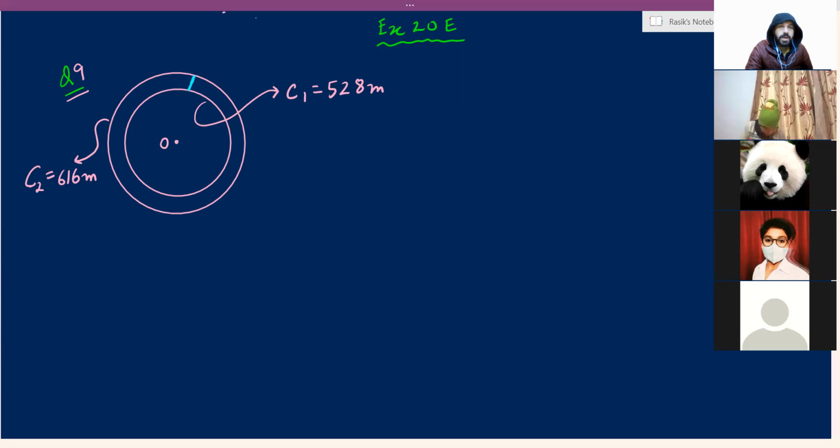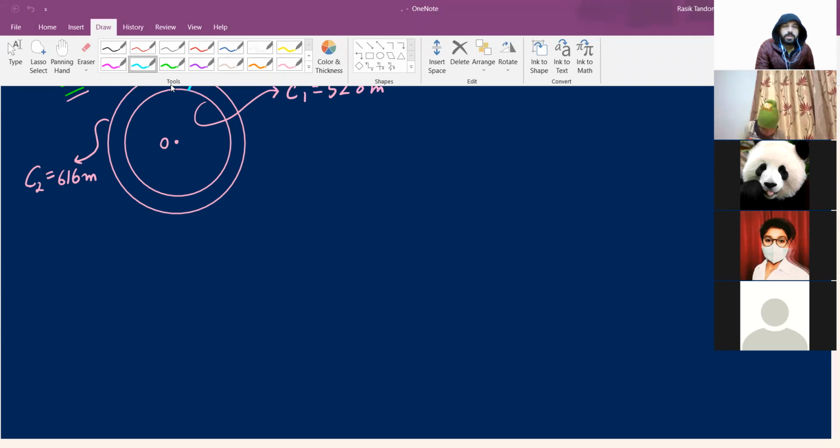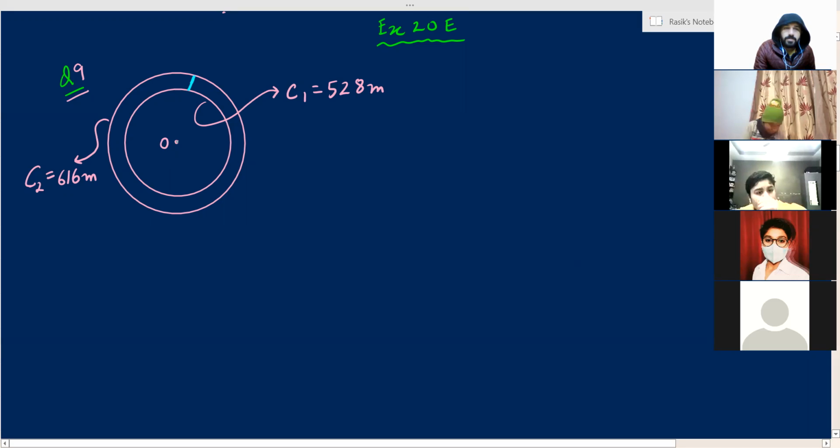If we subtract the radii, why are we going to get the width? Let's see why. This is the radius of the inner circle, let it be R1. I am also marking the radius of the outer circle here, R2.